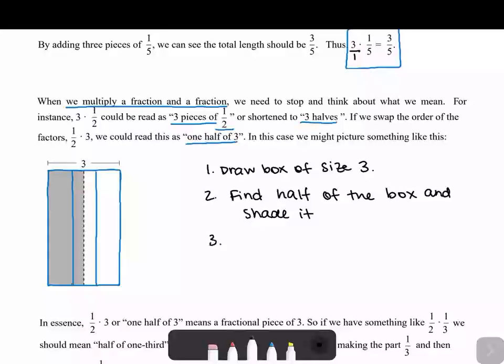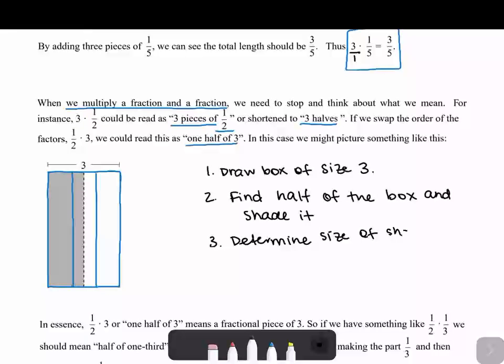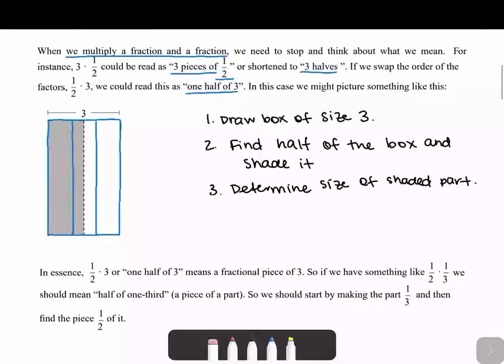And then, to find what 1/2 of 3 is, we determine the size of the shaded part. In this case, we drew the box of size 3 and we already have it shaded, but now we need to know how much is the shaded part.